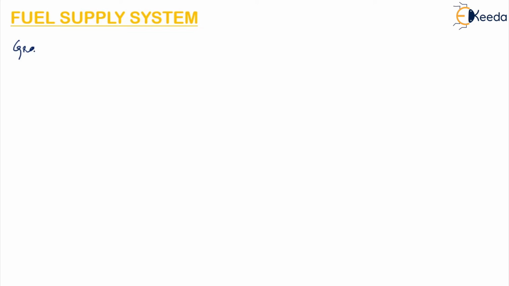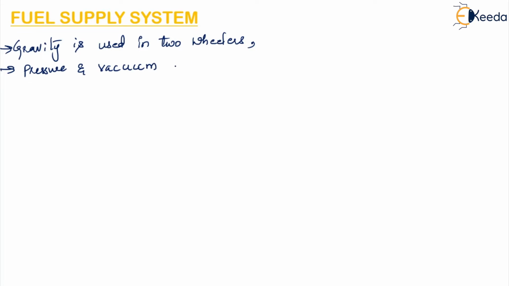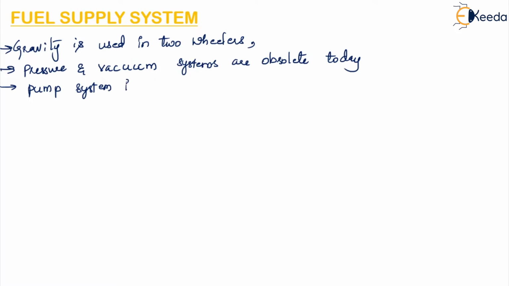So gravity system is confined only to two-wheelers. Then pressure and vacuum system have become obsolete now. That is, they are not being used nowadays. Then the pump system is used widely in automobiles.